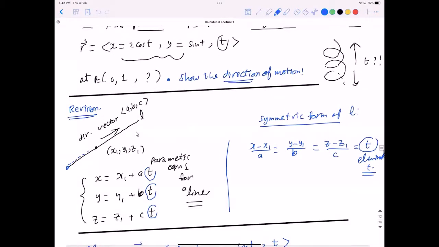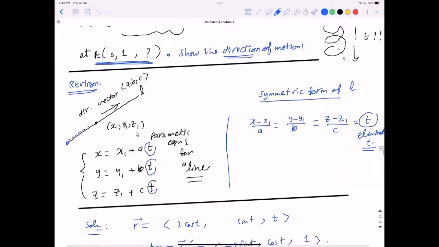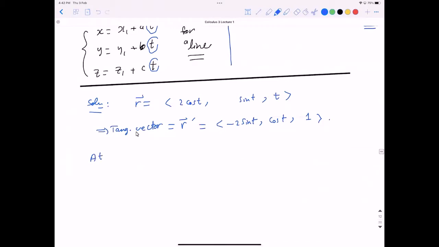We can use this vector, but we don't use it in general at any t. The question is about a specific point, when x is 0, y is 1, and z is unknown. You need to find it. So at point P, where 0, 1, and question mark here is to find z.